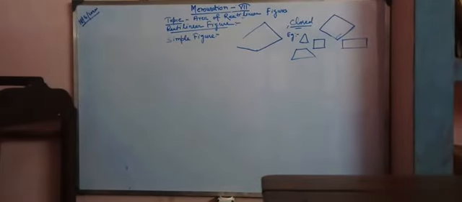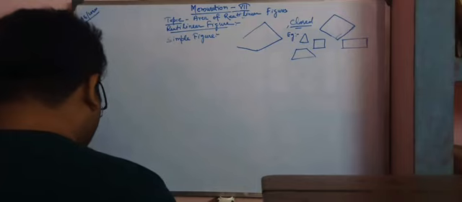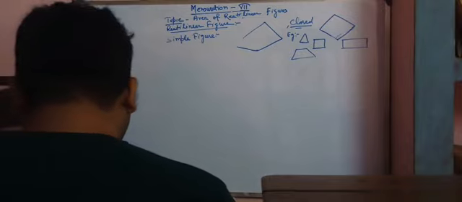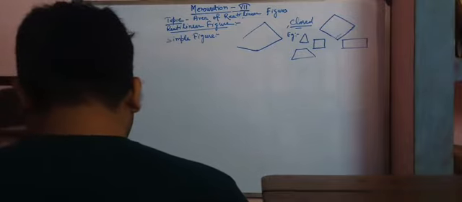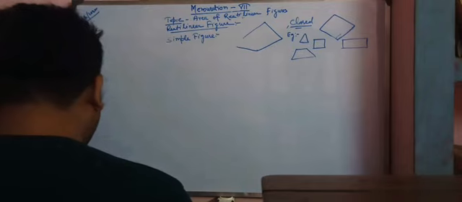These are rectilinear closed figures. Some examples: a rectangle, a square, a triangle, a parallelogram and a trapezium are all examples of closed rectilinear figures.